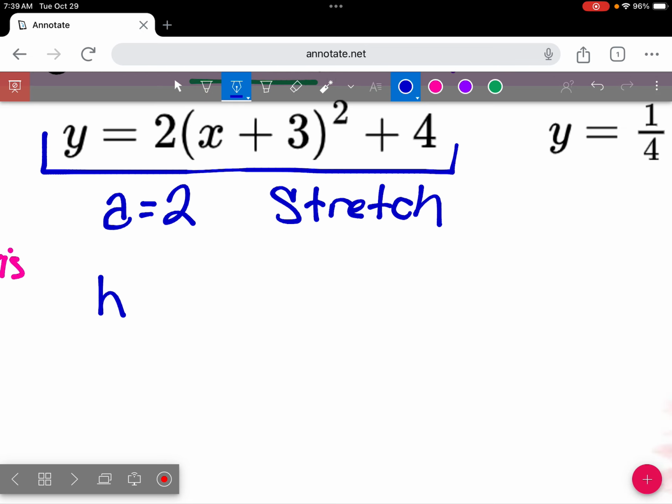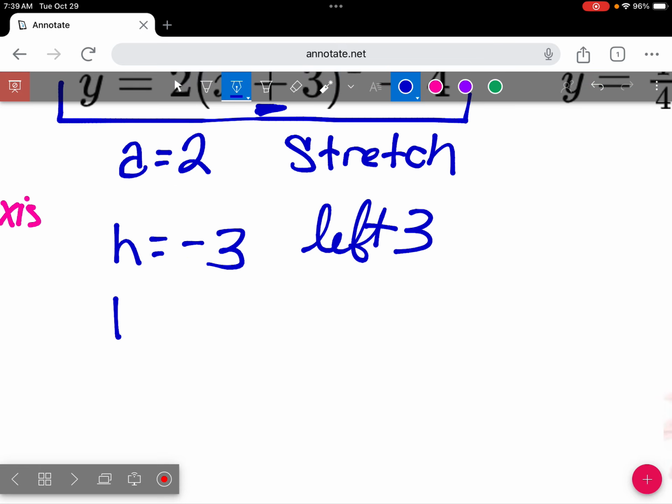What is our H? -3. Good. It always has the opposite sign of this expression in here. So it's going to be -3, which means which way is it going? Left. And then what's our K? 4. And it's going to go up 4.